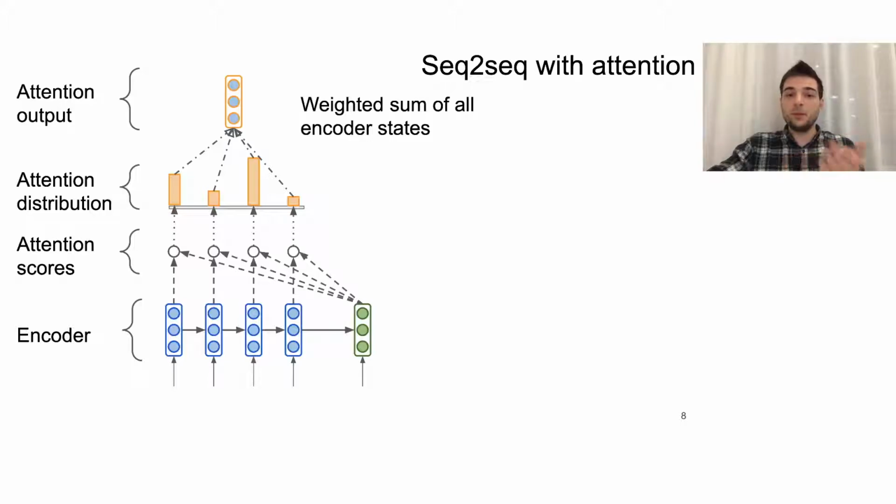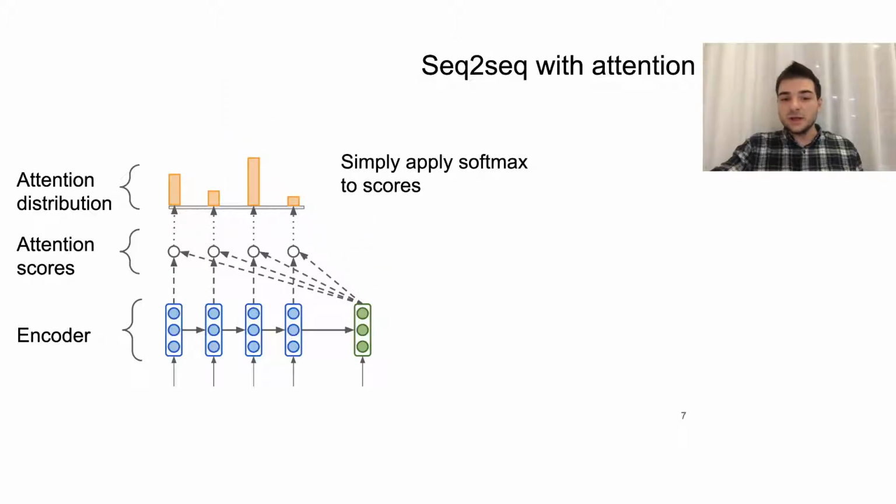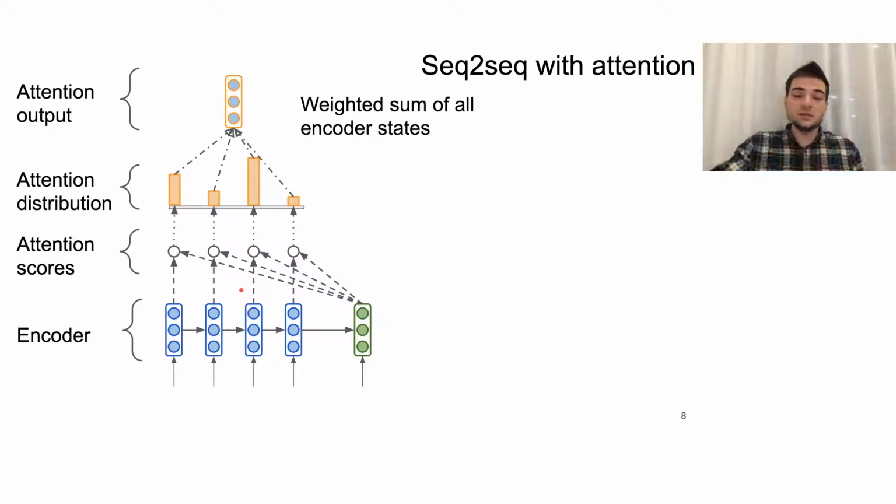And then we can just provide it to our decoder and generate the next word. So right now, our decoder got all the information from the encoder, picked the most important one, and selected all the information it needed by simply summing up these encoder states with specific weights.